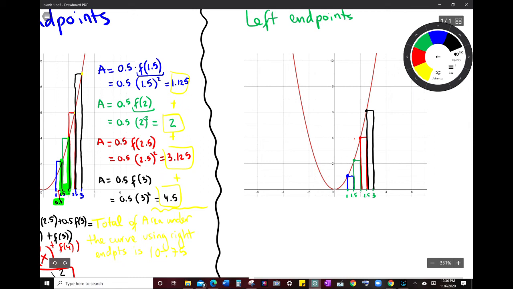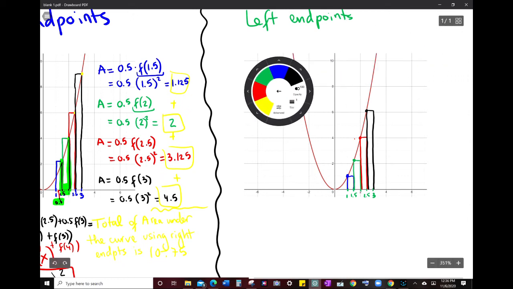For the black rectangle, you have this, and by looking at the rectangles, you can expect the area of the left endpoint is smaller than the area of the right endpoint because it's under the curve. Alright, so we will do 2 ways, long way and short way. I calculate the area of the blue rectangle now.